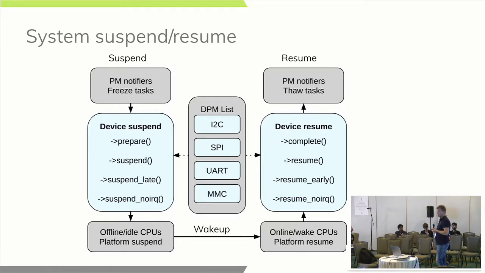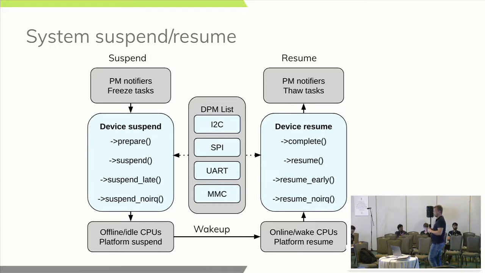To control all devices in the system, we have a bunch of device power management callbacks, and there is a whole plethora of them. I'm going to show a little more about that later. In principle, they are called in a certain order to do things the way that is needed. The PM core also has a list of devices that exist in the system, and it walks through this list and invokes these callbacks per device in a controlled order, so to say.